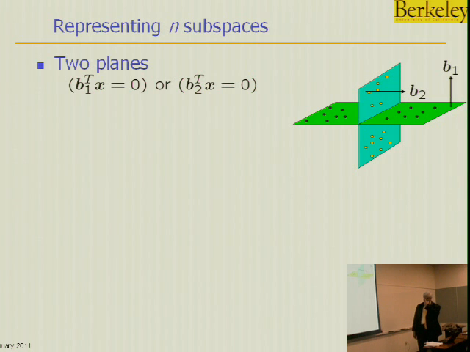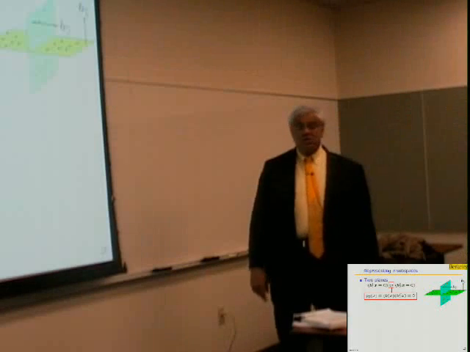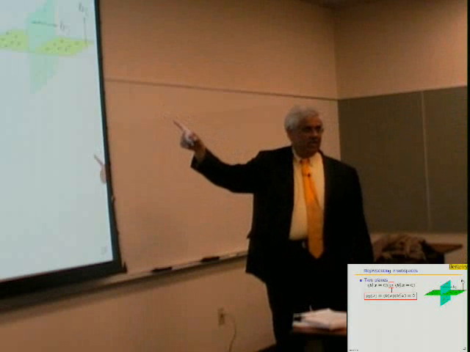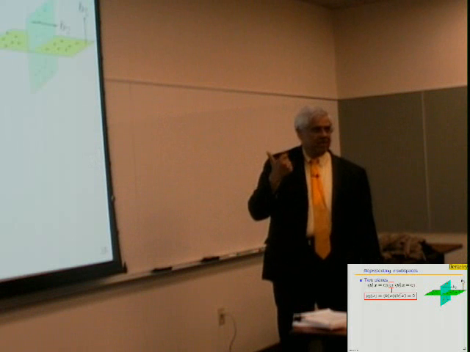If it were to belong to the green subspace, that's B1 transpose X equals 0. And the OR connective would now translate into B1 transpose times B2 transpose X equals 0. So it suddenly becomes quadratic, because there are 2 subspaces.